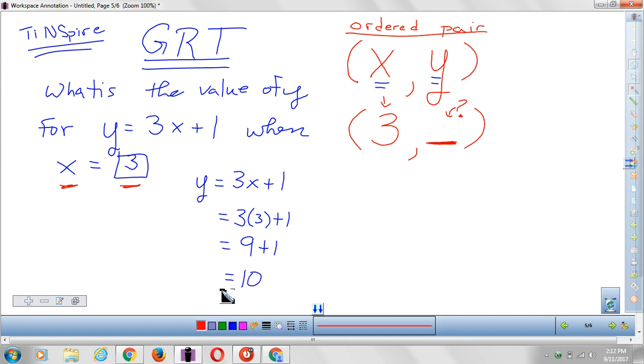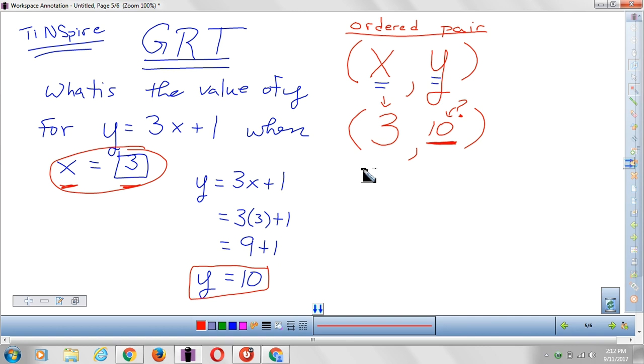So you can see in this problem now I know that y equals 10. Okay, so here's my y answer, and the x information was already given over here. So my y answer would be 10, and in fact, that is the answer. What is the value of y when y equals 3x plus 1 when x equals 3? Okay, we put the 3 here, and a 10 comes out.